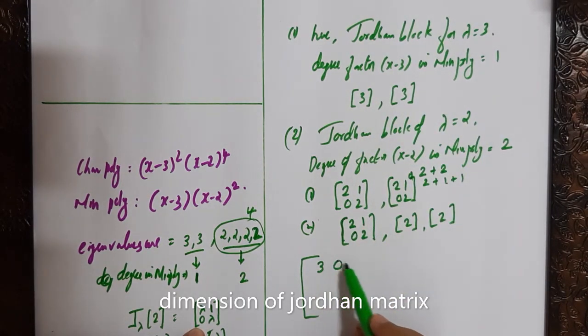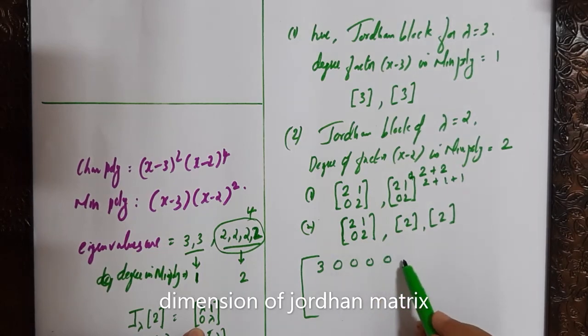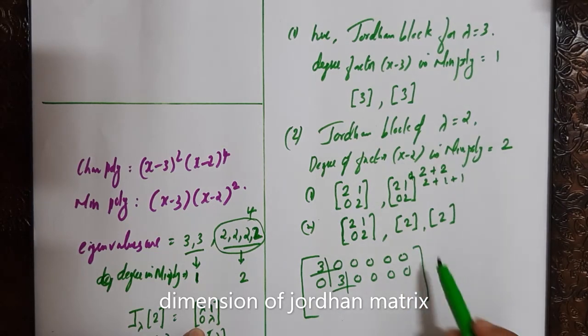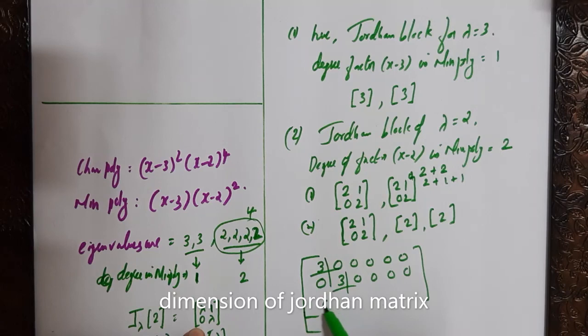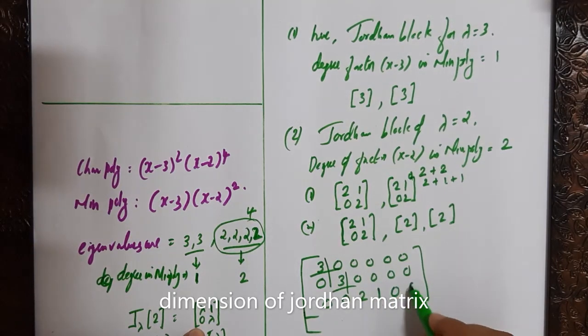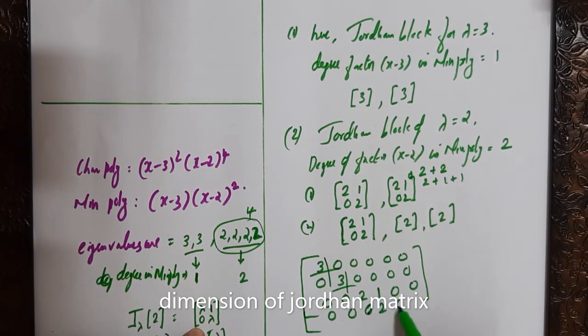that is 3, 0, 0, 0, 0, and the next eigenvalue 3 is a block of degree 1, 0, 0, 0, 0, and the next one is the other 2, a block of 2, with 0, 0, 0, 2, 0, 0.